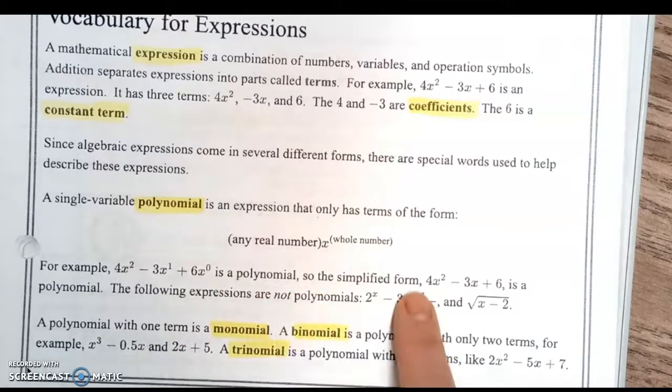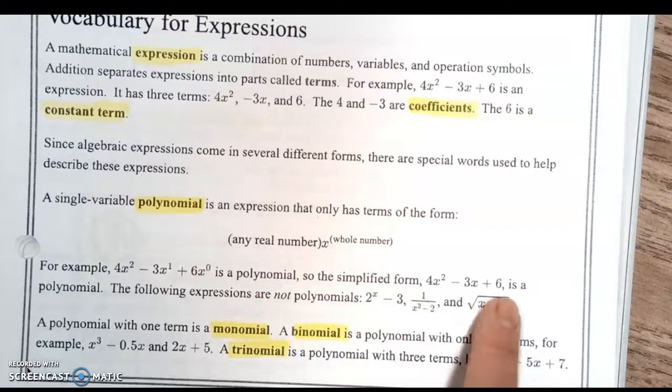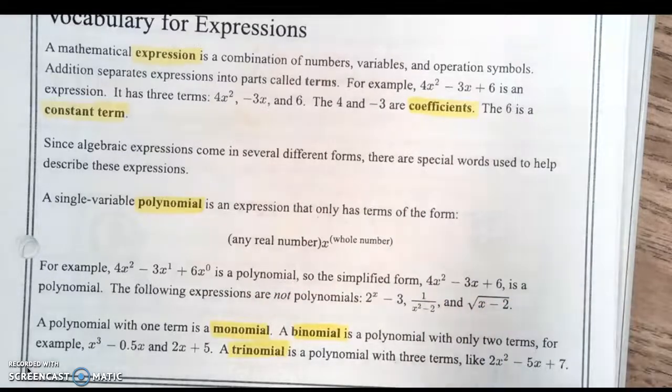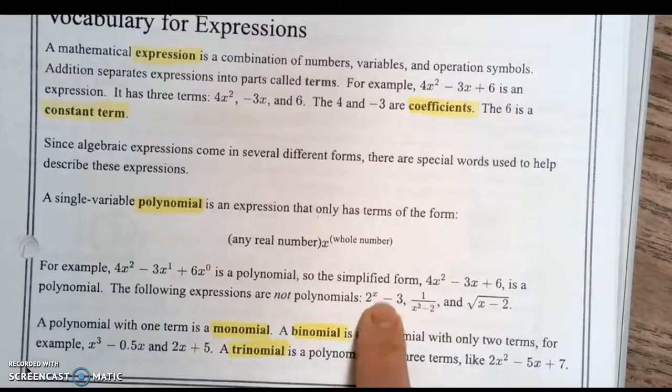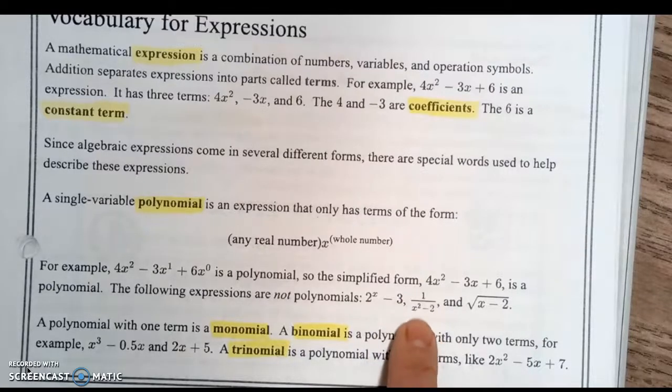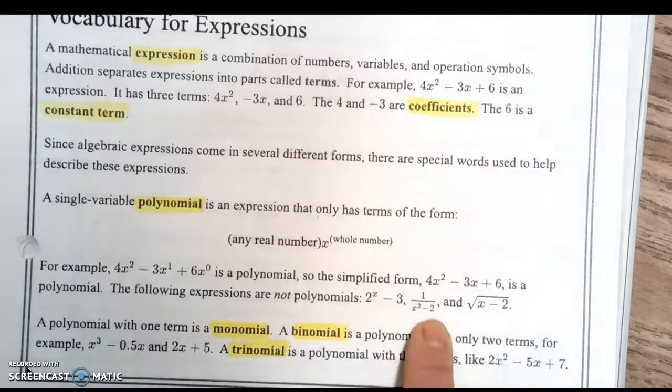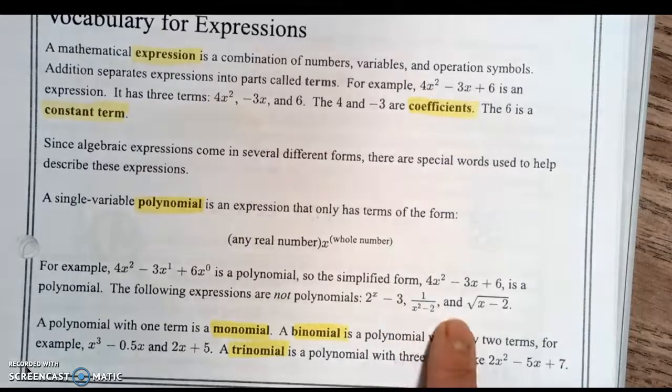So the simplified form, 4x squared minus 3x plus 6, is a polynomial. The following expressions are not polynomials. 2 to the power of x minus 3 is not a polynomial. 1 over x squared minus 2 is not a polynomial. And the square root of x minus 2 is not a polynomial.